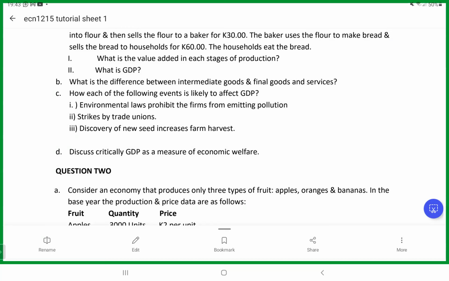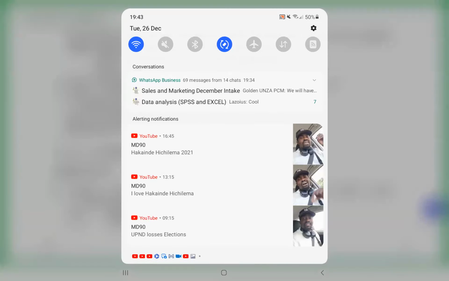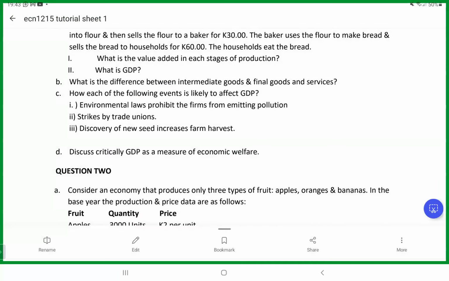Exactly. Now, can you discuss critically GDP as a measure of economic welfare? How can GDP be used as a measure of economic welfare, or the measure of how well the economy is?